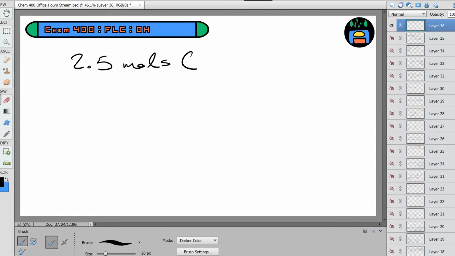Okay, totally. So actually, before you even consider rounding, you're going to have moles of hydrogen also.